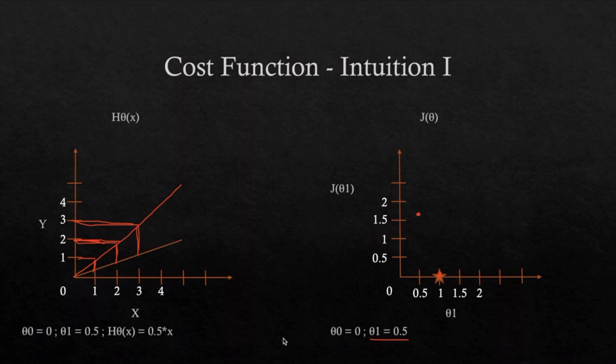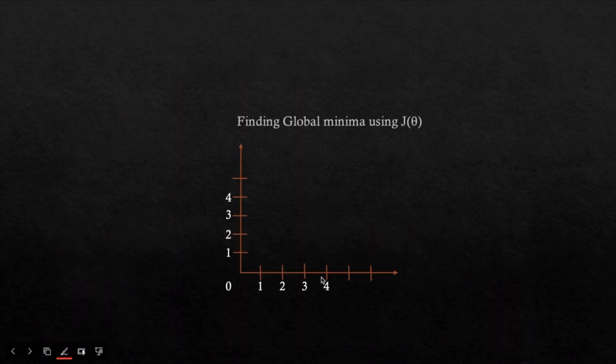We can see that when theta 1 equals 1, then J of 1 is actually 0. So its value is here, and whenever we decrease it, it must be increasing.